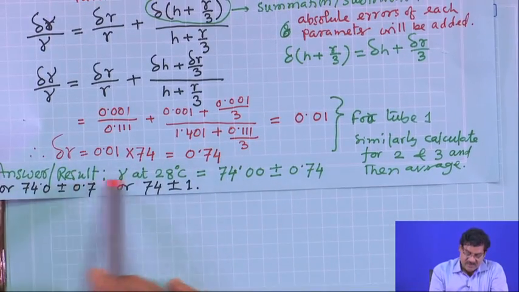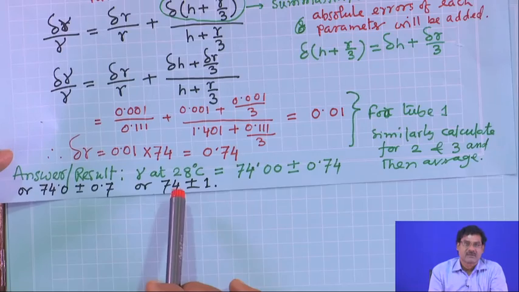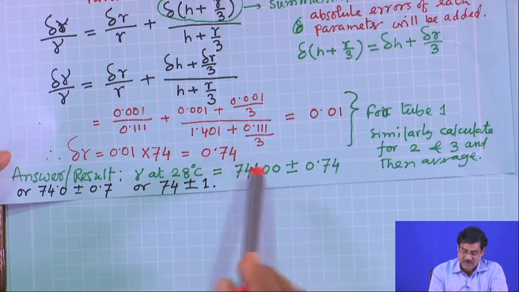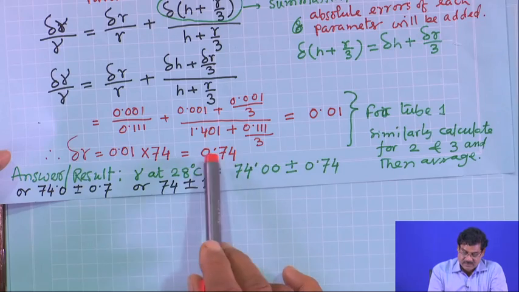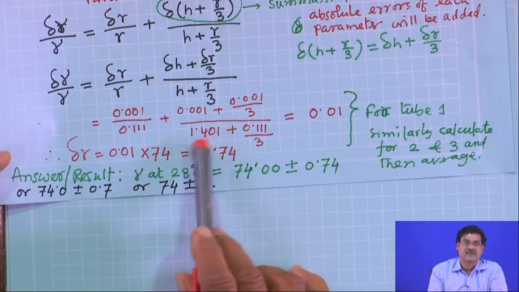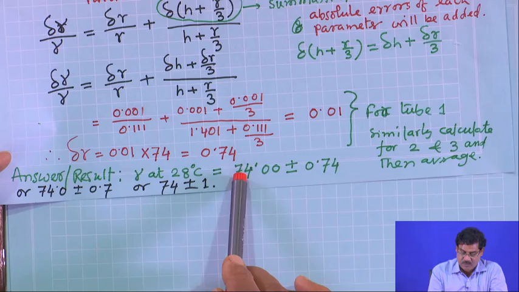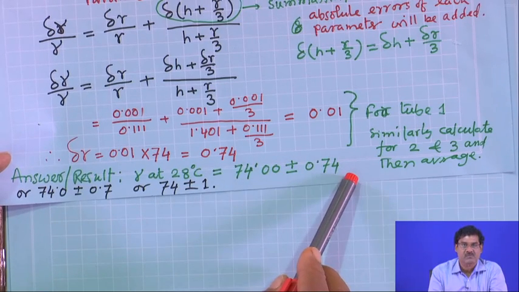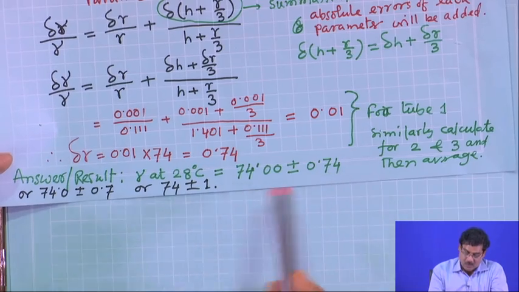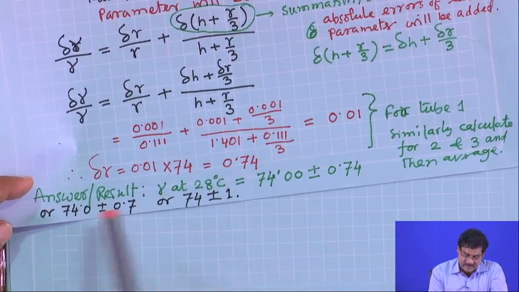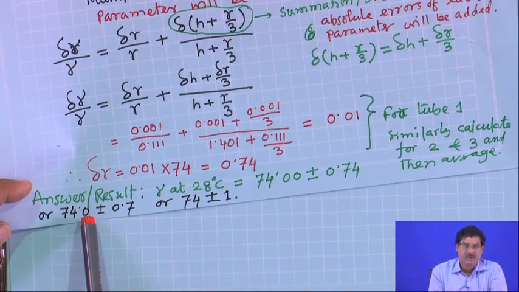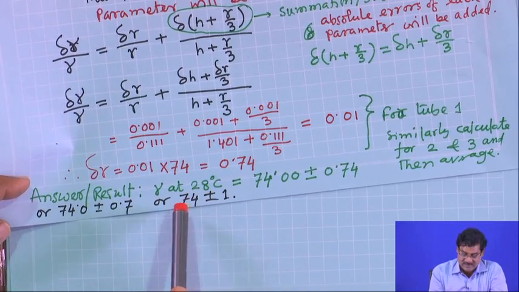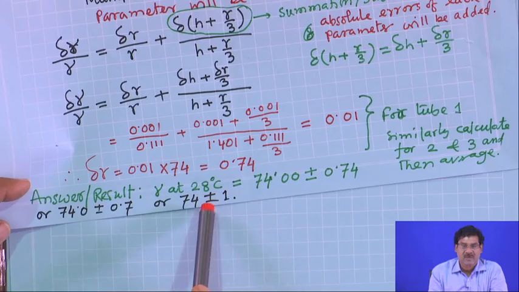Then I have to write the result: gamma at 28 degree centigrade equals 74. If this is the error, then you should write 74.00 plus minus 0.74, or you can write 74.0 plus minus 0.7, or you can write 74 plus minus 1.